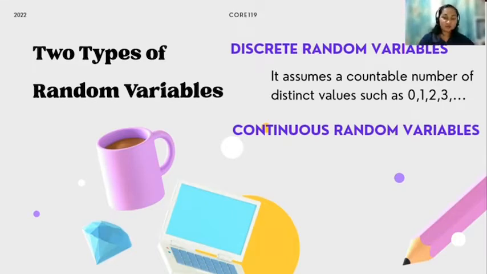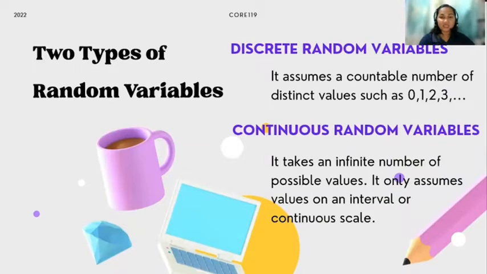For continuous random variables, they take an infinite number of possible values, so they only assume values on an interval or continuous scale. What are those continuous scales? We have the weight of a student, height of a student, a distance, or the time it takes for you to finish answering your assignment.